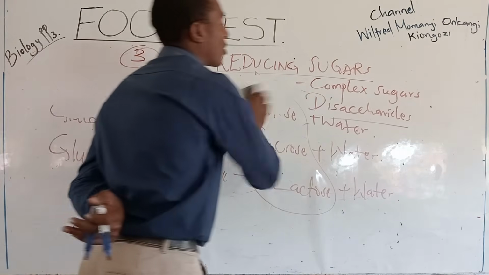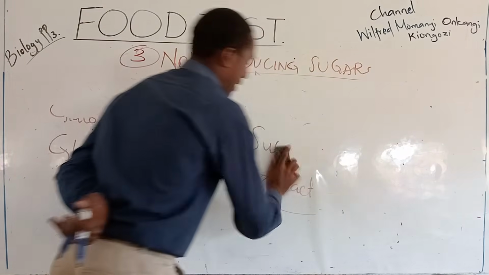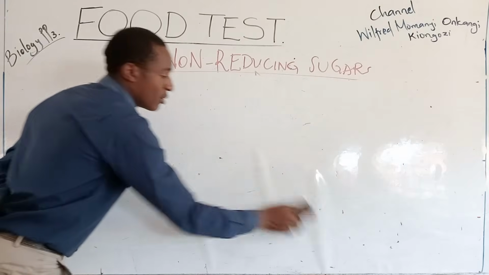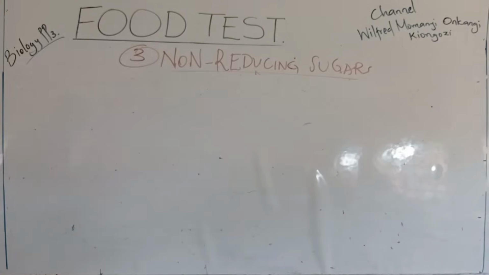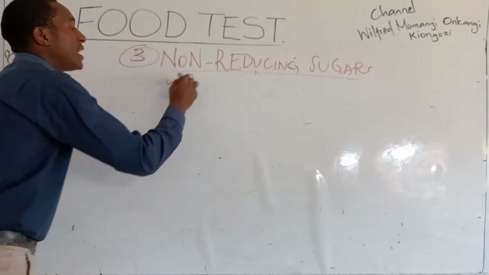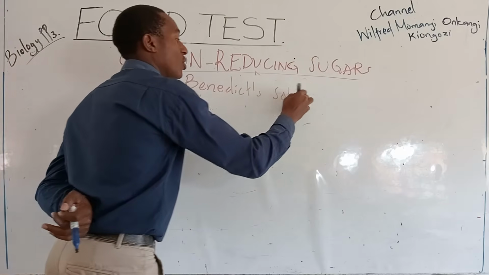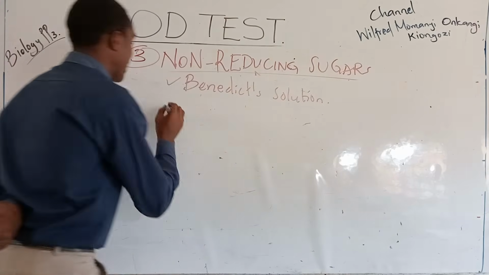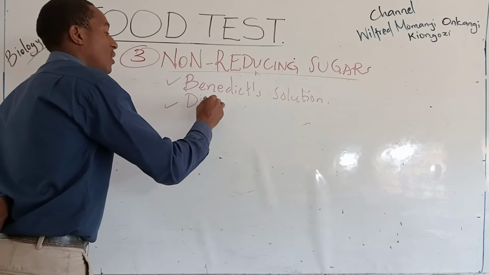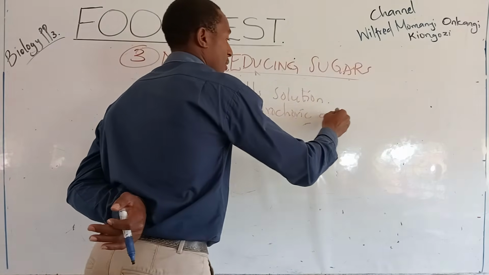So now, chemical reagents. In this one, we have several, not just one. We have several chemical reagents, and the procedure is slightly longer than that of reducing sugars. The first one is Benedict's solution. We have another one called dilute hydrochloric acid.